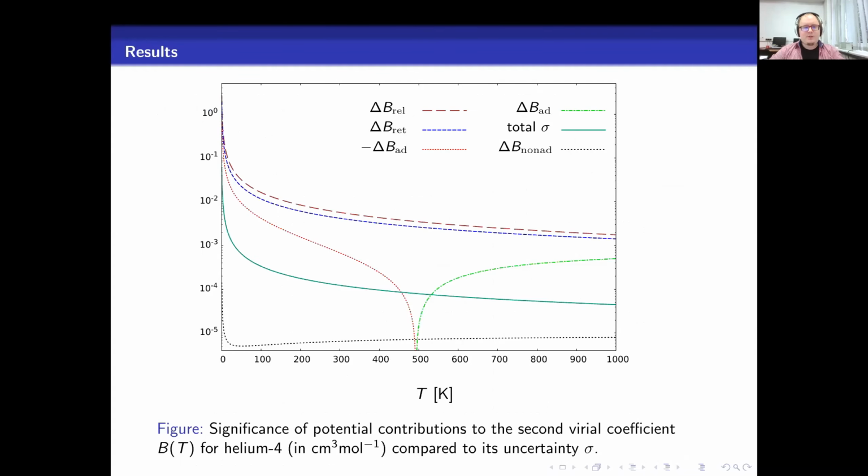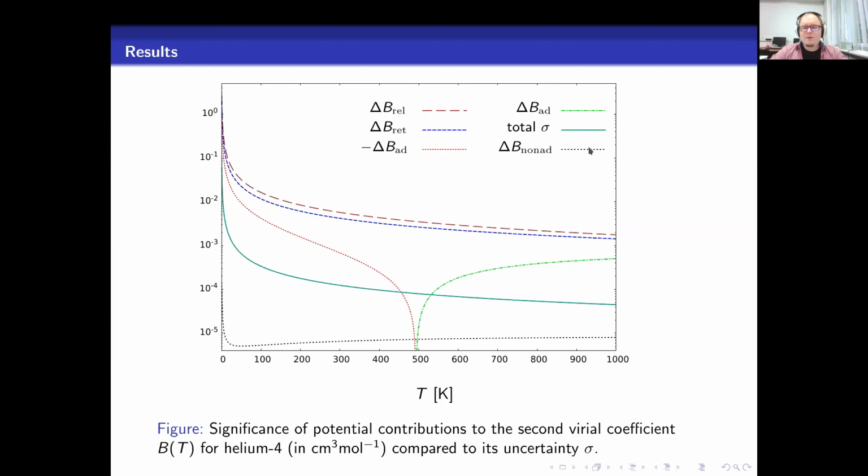And also there is a graph with various components of the potential: relativistic, adiabatic, Casimir-Polder retardation, and non-adiabatic components turned on or off, and how they affect the total virial coefficient.